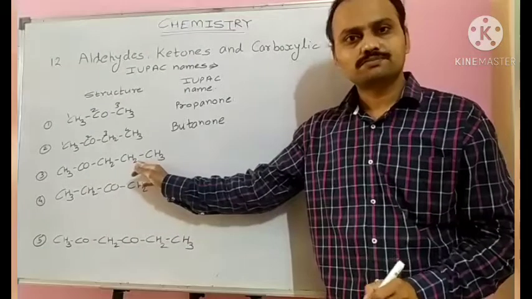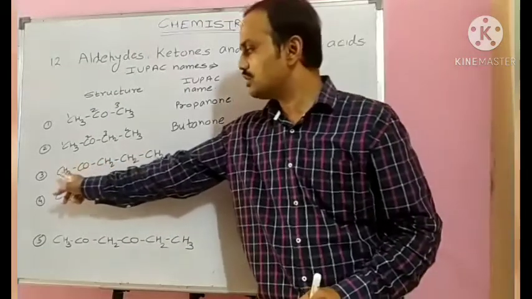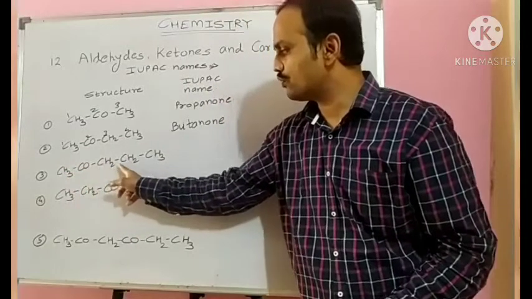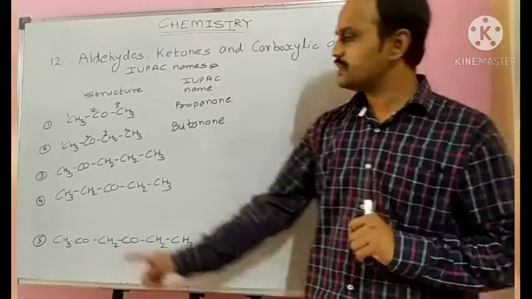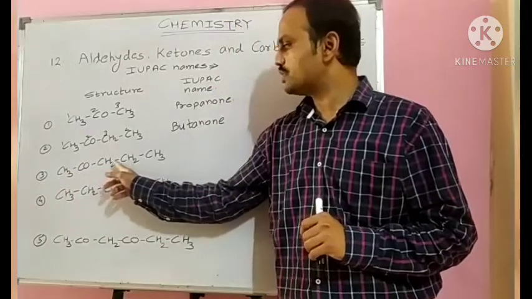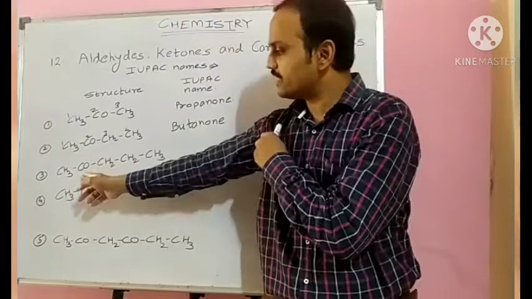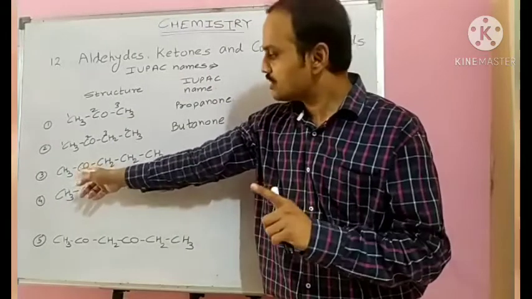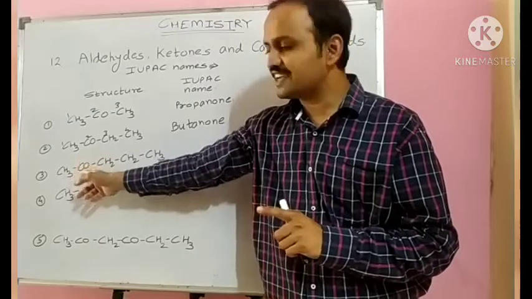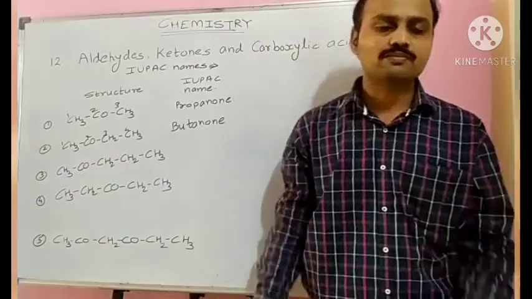Structure number 3. Total 1, 2, 3, 4, 5 carbon atoms are there. From left to right, 1, 2, 3, 4, 5. Second carbon atom is C double bonded O, that is carbonyl carbon is getting second number from left to right numbering.